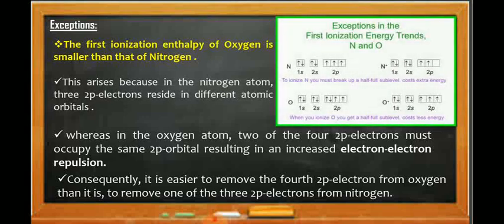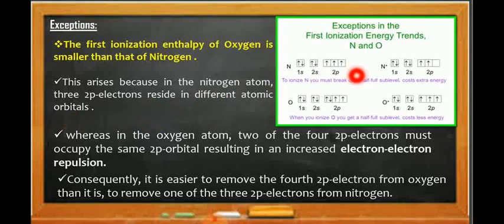Which is that the first ionization enthalpy of oxygen is smaller than that of nitrogen. Actually the oxygen value should have been greater than nitrogen, but it is smaller. Why? This anomalous property arises because in the nitrogen atom, the 2p electrons are present in different atomic orbitals.